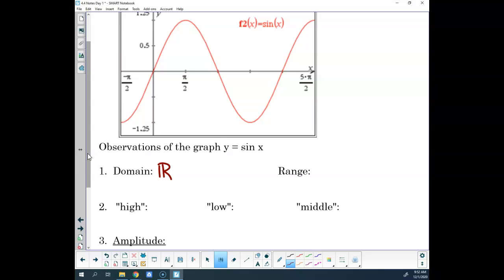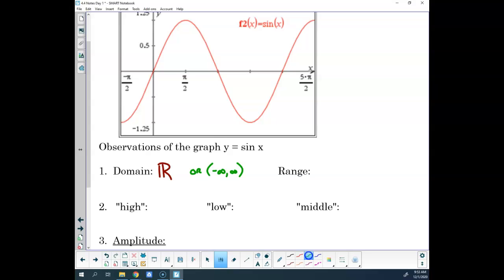Always going to be all real numbers for the sine of x. If you wanted to write it in interval notation, that would be an interval notation.